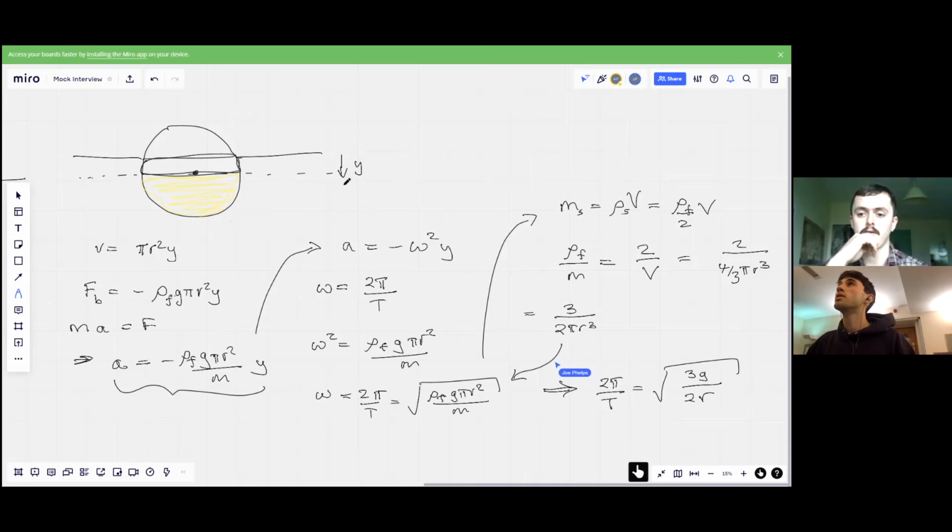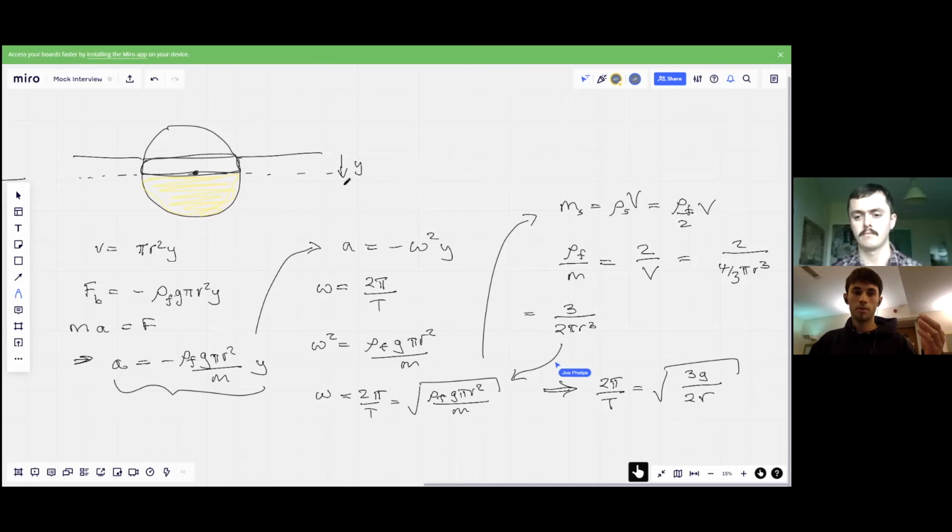Oh, so do we assume that the contribution of, so if we assume it's just air above the sphere, then there would also be a buoyancy force on the sphere due to the air.